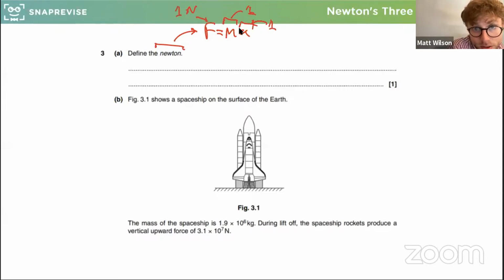So once you know this, you can say 1 newton is the force. And let's read the other side of this equation.